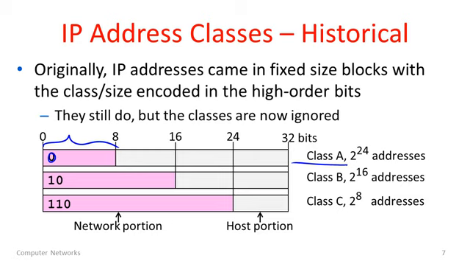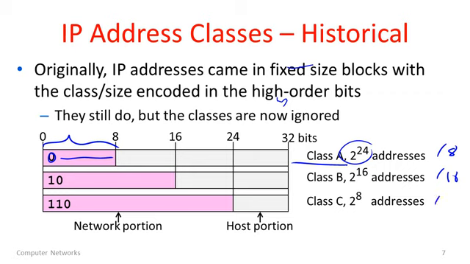Class A addresses were identified by a leading 0, and then you could set the remaining 7 bits of the network portion to whatever value for the different Class A addresses. So you can see that a Class A address corresponds to a /8, since only the top 8 bits are fixed. So there are a lot of addresses in a Class A address: 2 to the 24, that's large.